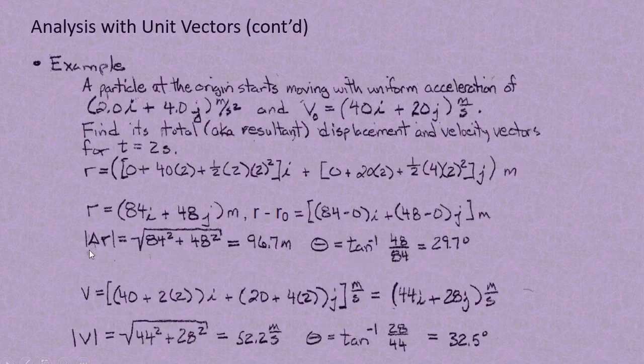And here we did not calculate the displacement vector for the limit as delta t goes to 0. We calculated the displacement vector for 2 seconds. So the shorter and shorter this time period gets, the closer it gets to 0, the closer this directional angle for displacement is going to get to the instantaneous velocity direction angle. But until delta t reaches 0, they'll never be exactly the same.